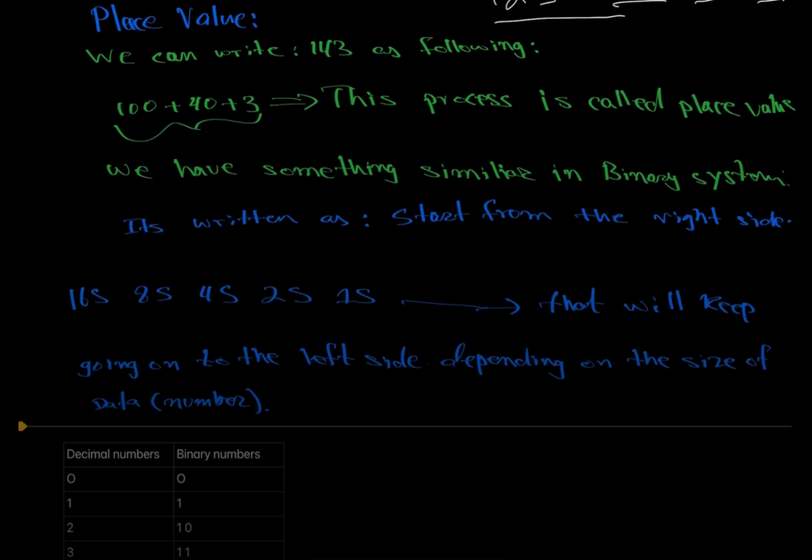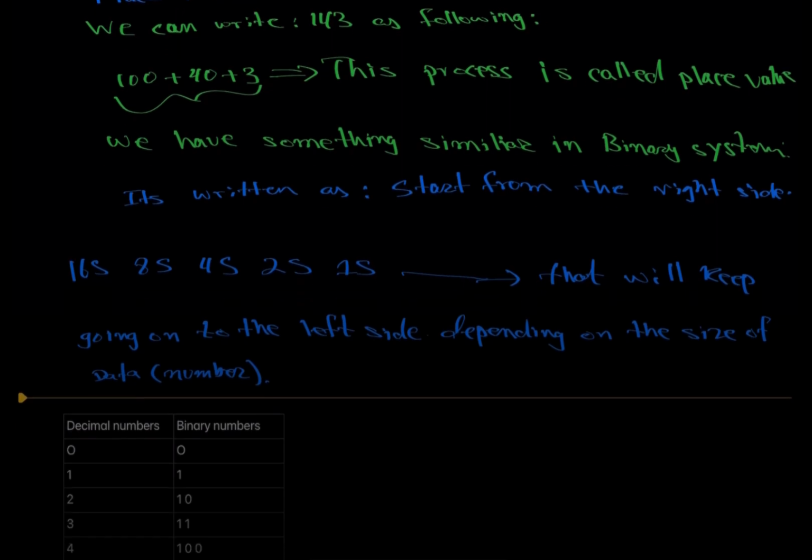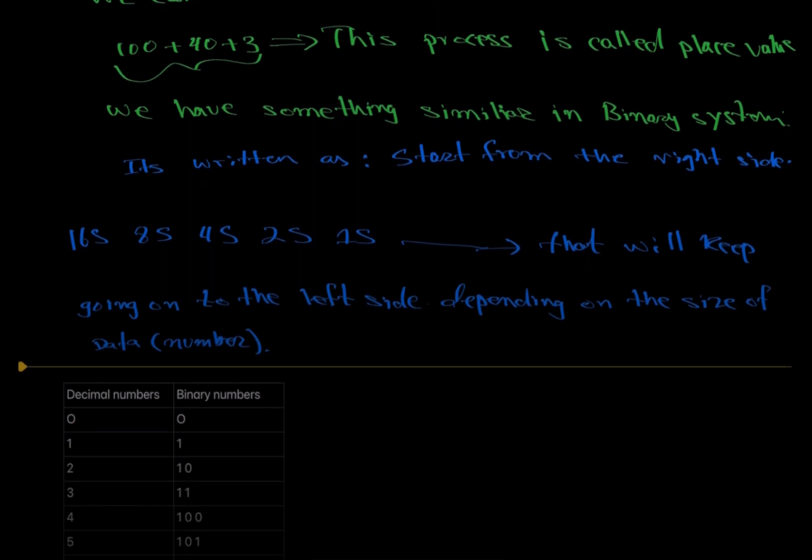Now in the binary system, we have something similar, but it starts from the right side. So on the right side it'll be 1s, 2s, 4s, 8s, 16s.